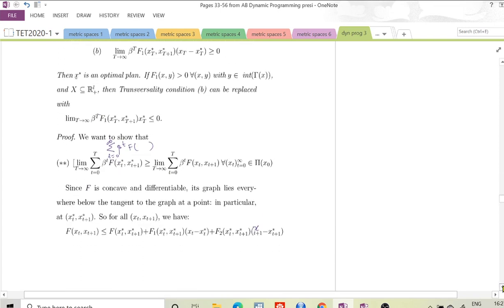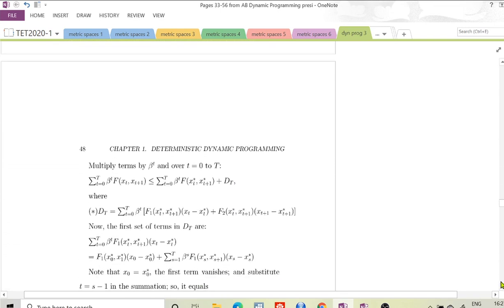And what we were saying is that we can interpret along any feasible path the discounted present value, or the limit of the partial sums, to be a sum of discounted present value along the path x tilde star that satisfies the Euler equations and transversality, plus a term given by the sum of these two terms.